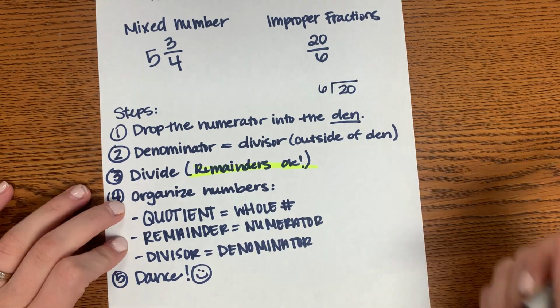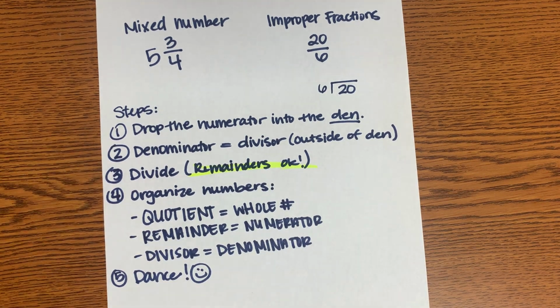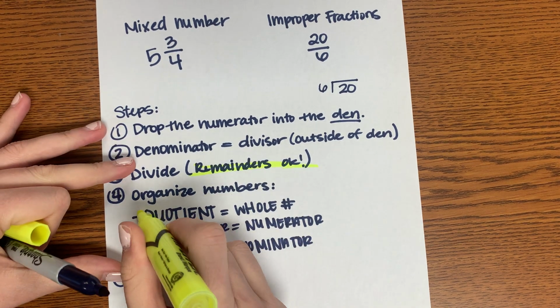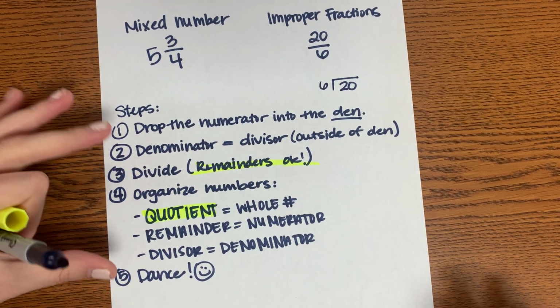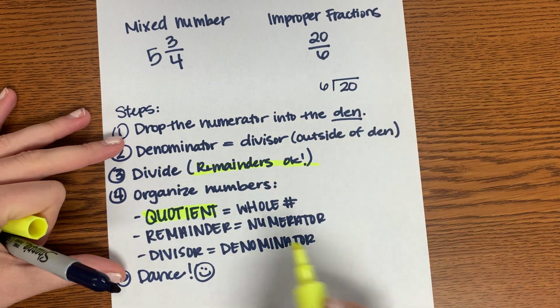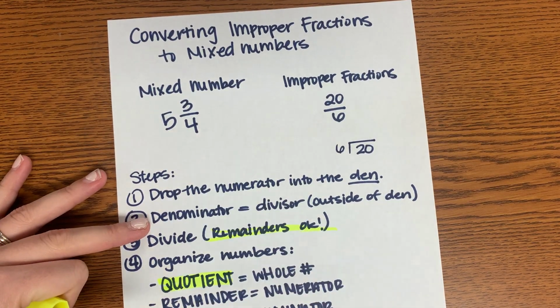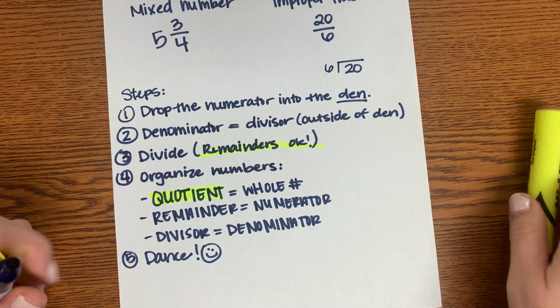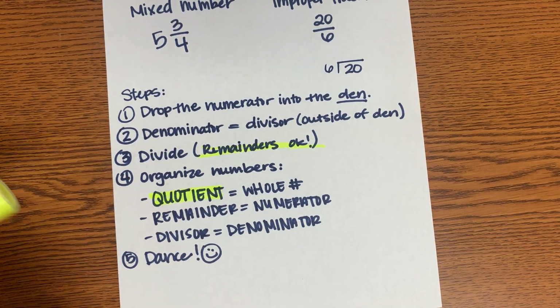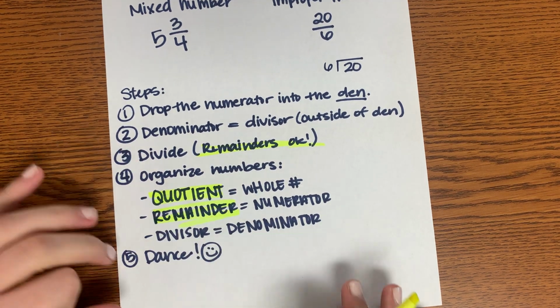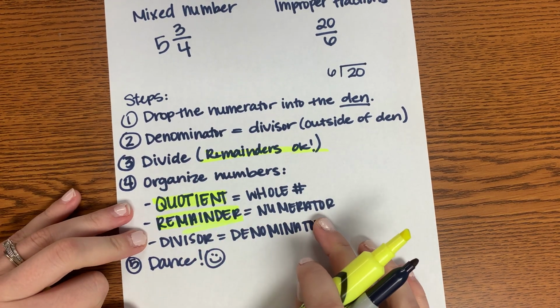Then we need to organize our numbers and pay very close attention, because this can get confusing. The quotient, or the answer that we get out of our division problem, is going to be our whole number buddy that hangs out on the outside. Our remainder is the number that goes on the top.